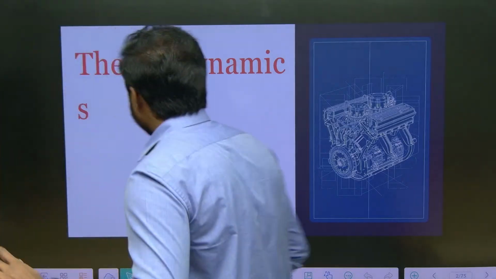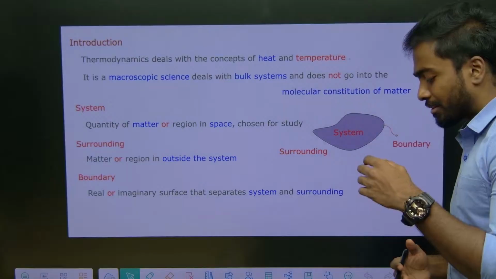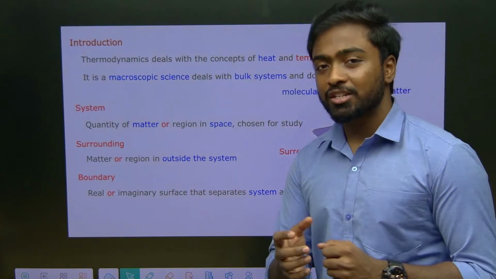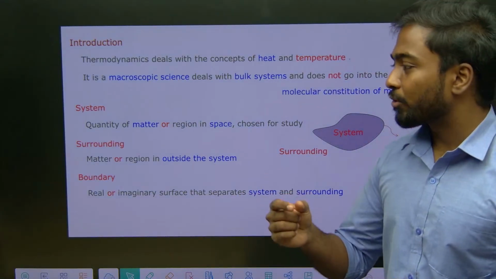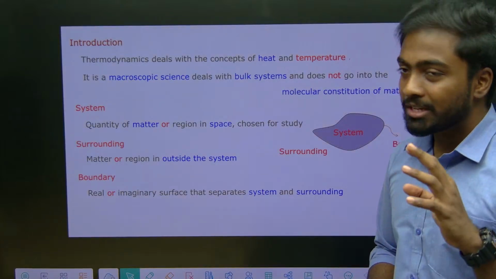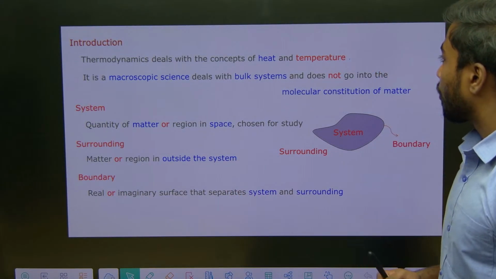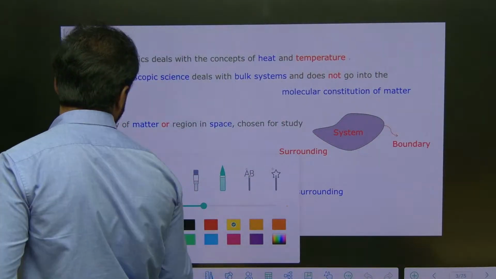Okay, guys, let's go into the topic. First, we are going to see the meaning of thermodynamics and some other definitions, the key points we need to know before going into the chapter. Introduction: thermodynamics deals with the concept of heat and temperature. We discussed heat and temperature in the last class, thermal properties of matter.